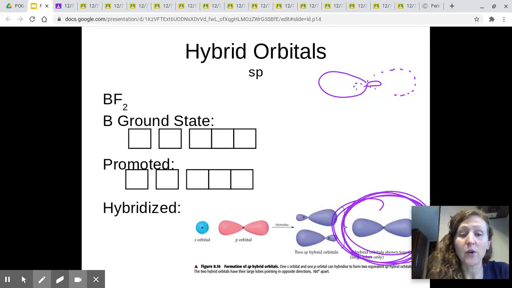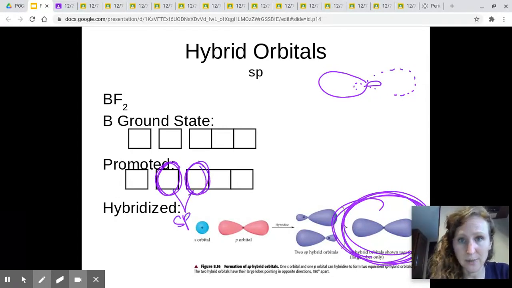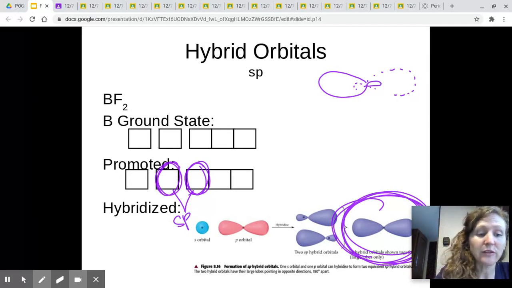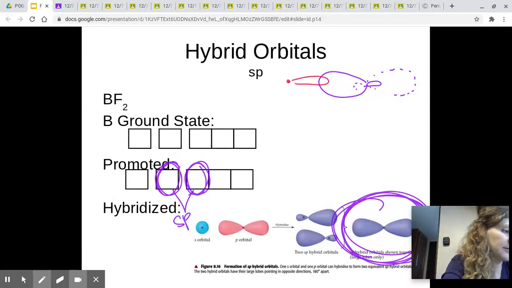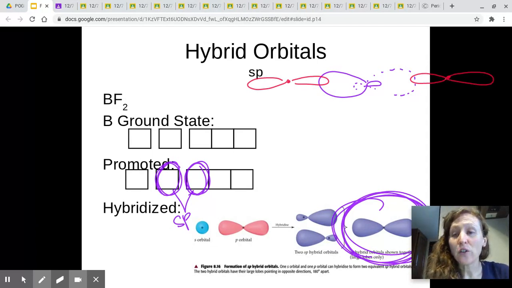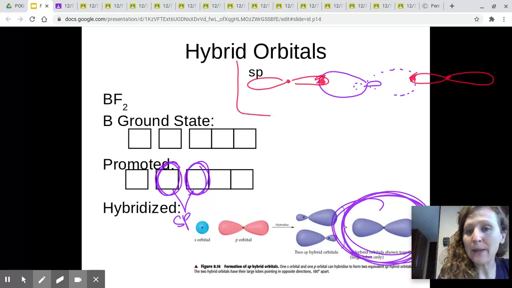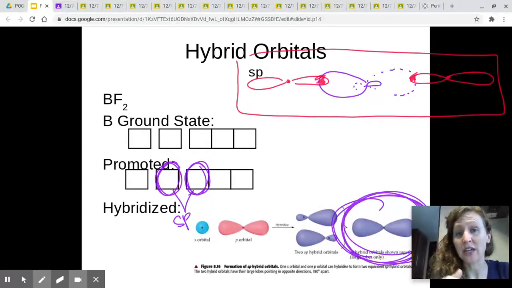Now those 2 sp hybridized orbitals are able to bond with fluorine's p orbital. Okay, so here's fluorine's p orbital, and it's overlapping with boron's sp orbital. And notice that I get a molecule that is consistent with the Lewis dot structure and the VSEPR structure that I would have predicted, right?